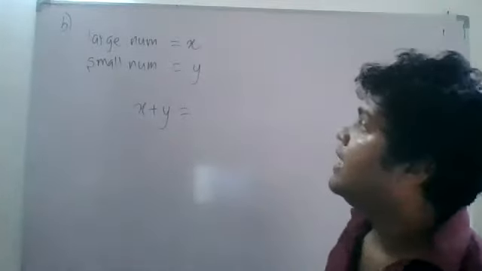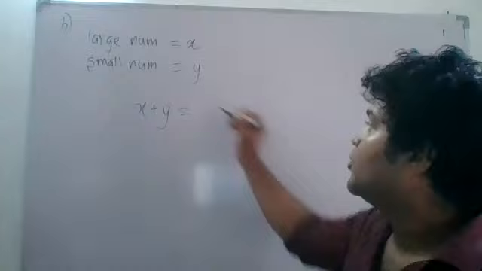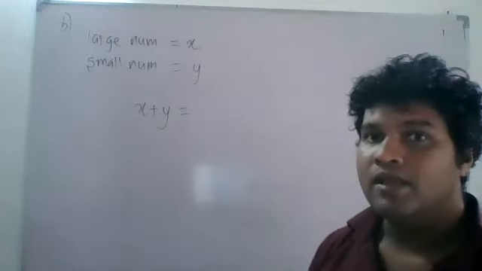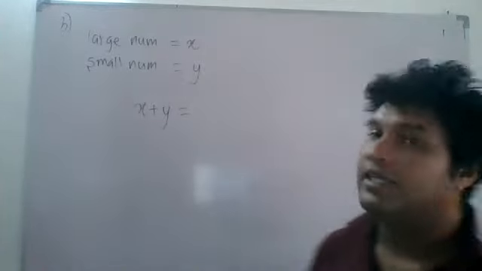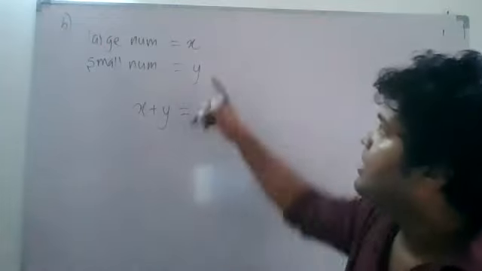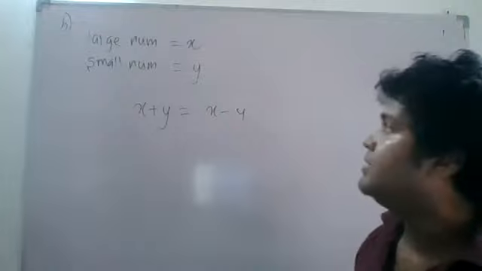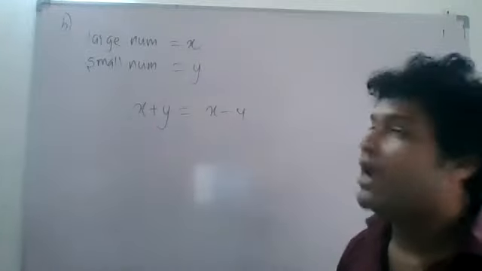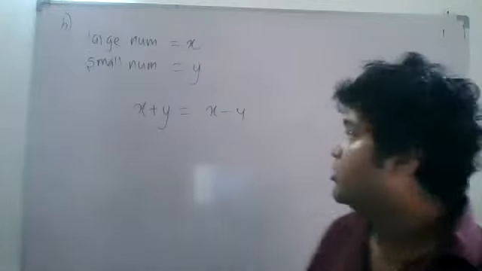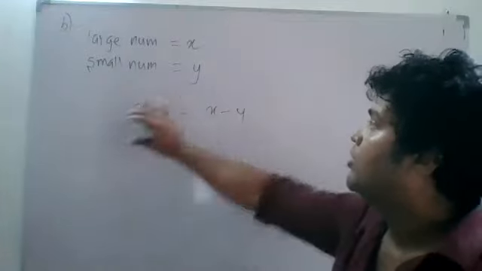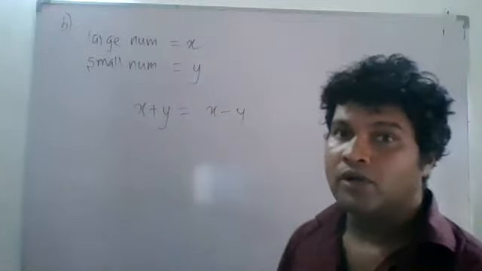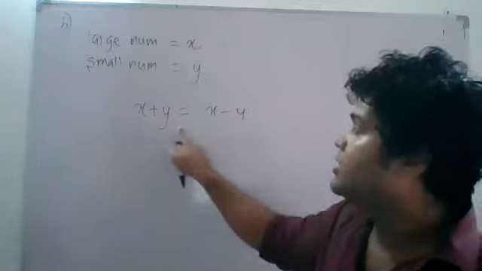What is their difference? Before we write 5 times or 2 times, you must have an idea regarding the difference. What's the difference? The difference should be x minus y, because we have to subtract the smaller number from the larger number to have a difference. The sum is the addition, right?